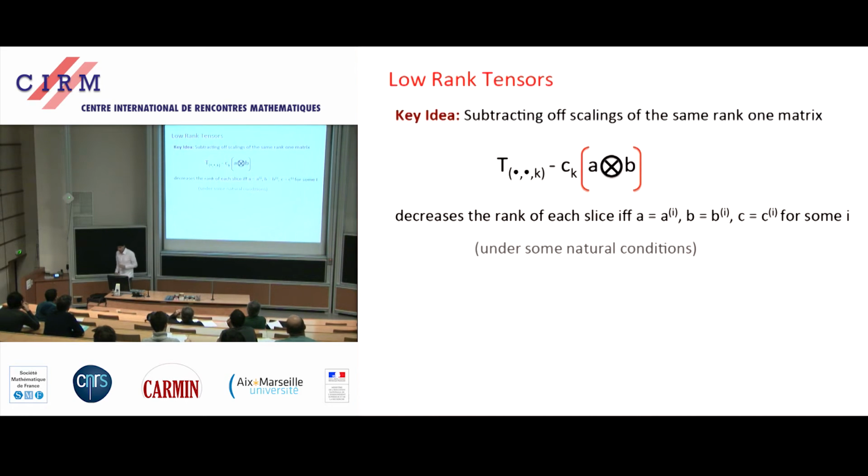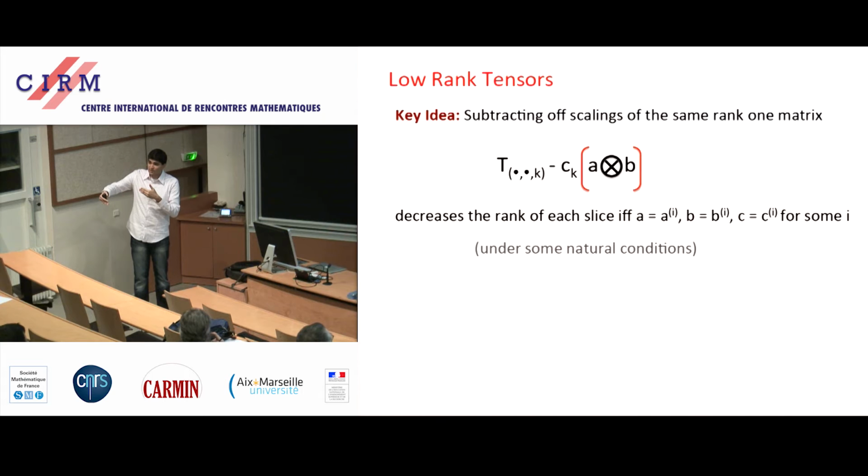So one idea is, imagine I give you some rank 1 matrix, A tensor B, and I ask, can I take that one rank 1 matrix and scale it by different constants for each of the slices, so that subtracting those rank 1 matrices decreases the rank of each of the matrix slices through the tensor?